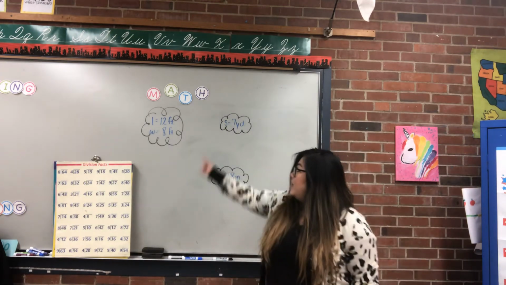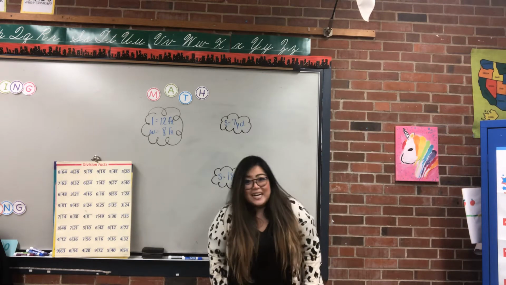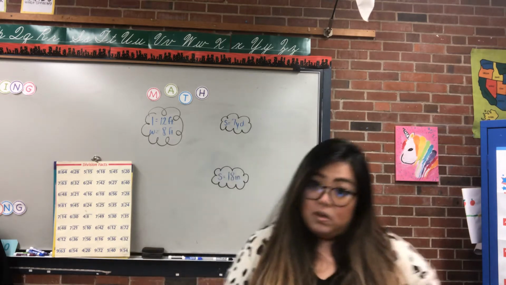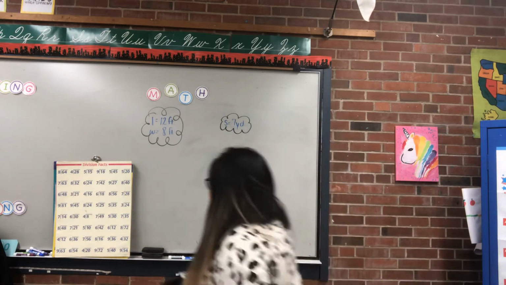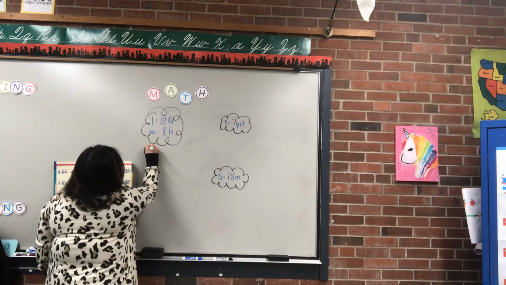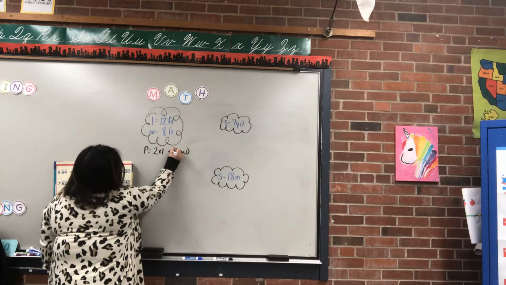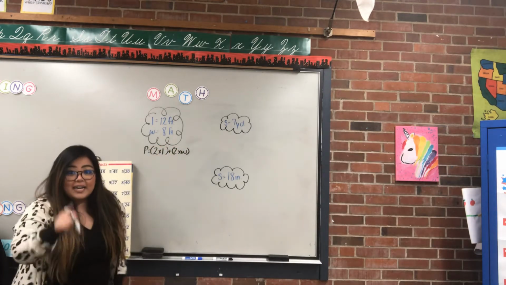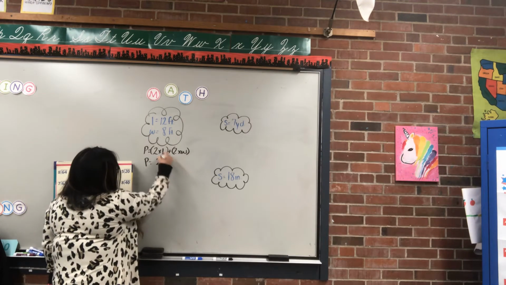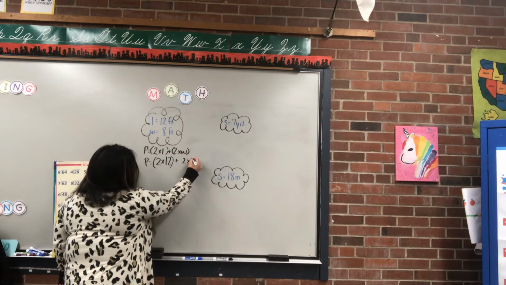Let's look at this. If we have L and W as 12 feet and 8 feet, well, first of all, we know it's not a square because not all sides are equal, so let's plug in our formula. P equals 2 times the length plus 2 times the width. Now, we plug it in. P equals 2 times 12, because L is 12, plus 2 times W, or 8.